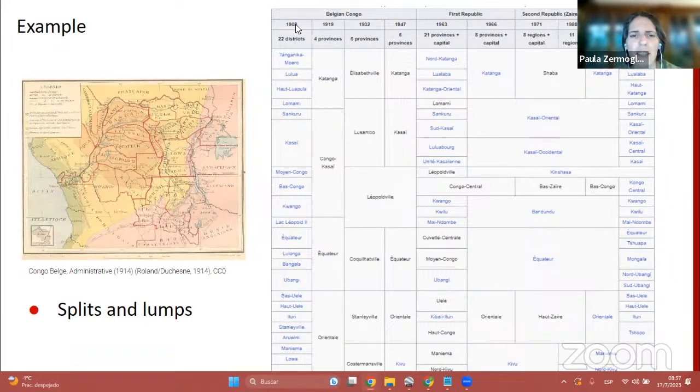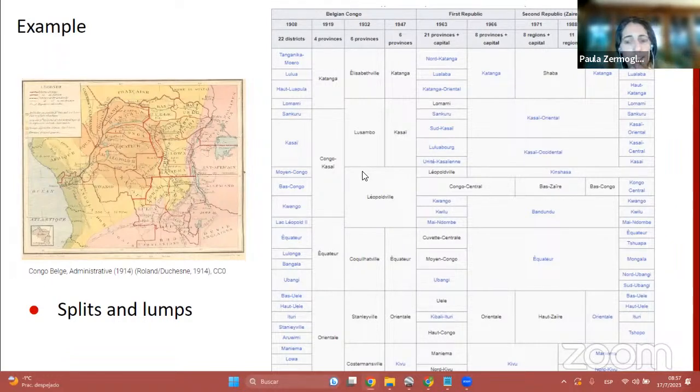And you can see that it was divided in districts and later in provinces, but in different amounts of provinces. And that kept changing over time. And so what was called one name before now is called another name. And some of those divisions include larger or smaller portions of territory.